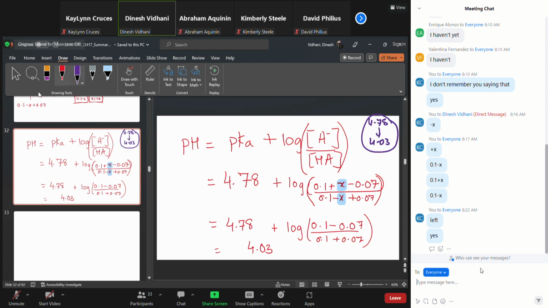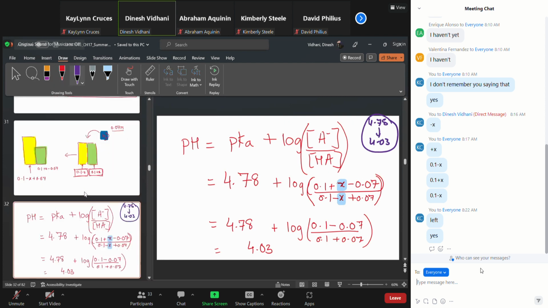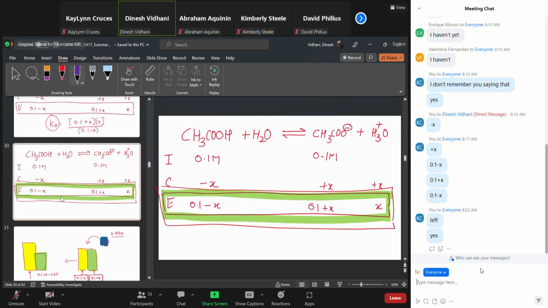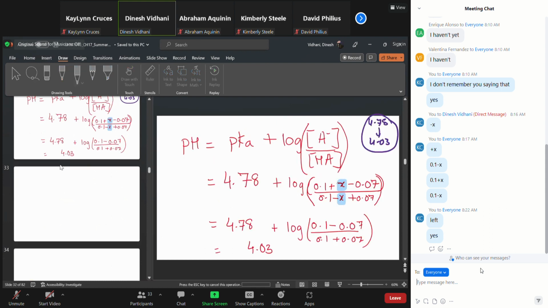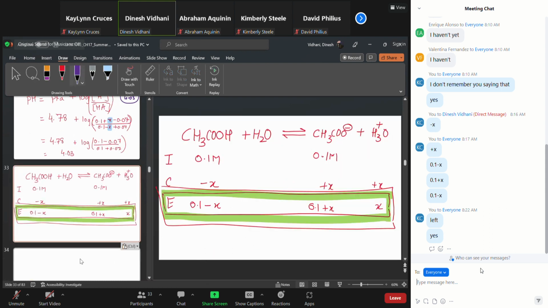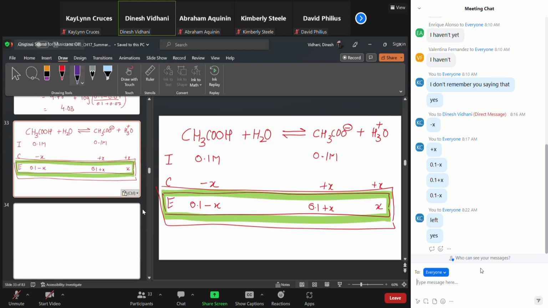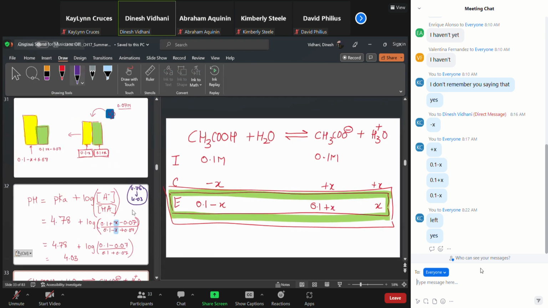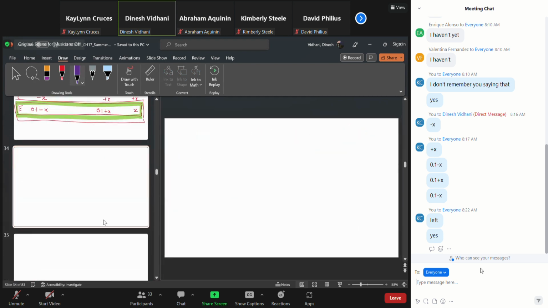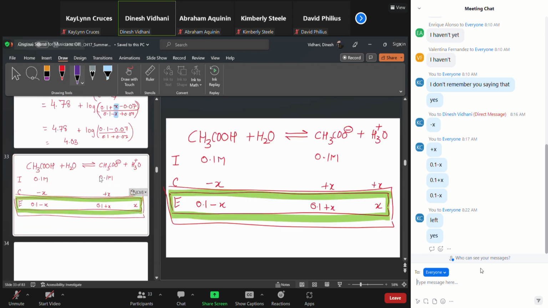Now, let me show you the second method. I'm going to copy this whole thing one more time so that you should know both of them. Okay, now this was the equilibrium that we started with, right? Now, if I add hydronium ion into this, what should happen?